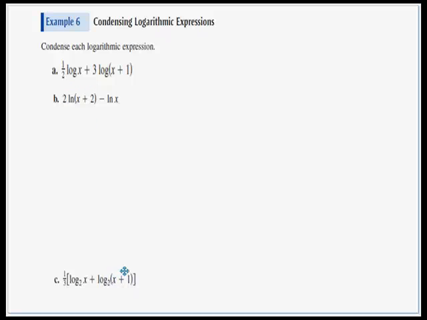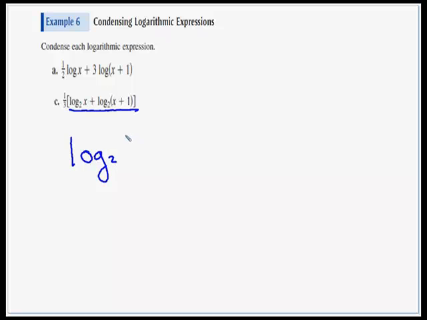Ooh, save the best for last, a little more complicated here. Letter C. As with any order of operations, I'm going to work inside the grouping symbols first. So I'm going to focus in on here. I have log base 2 of something plus log base 2 of something else. So that's going to turn into a log base 2 of those things multiplied together.